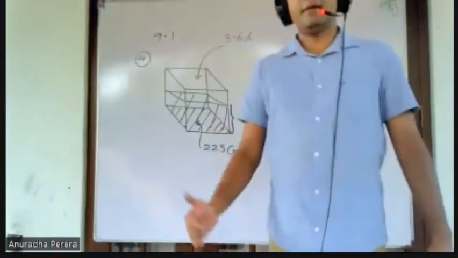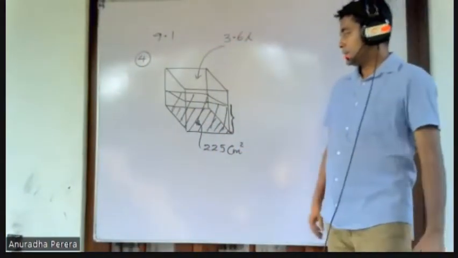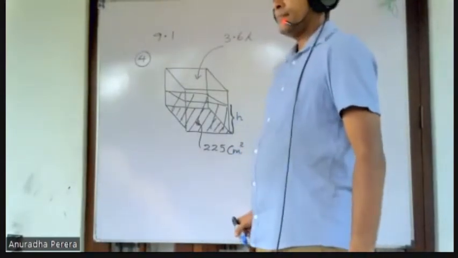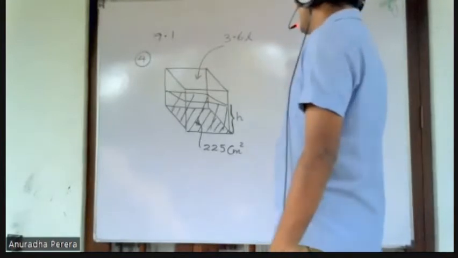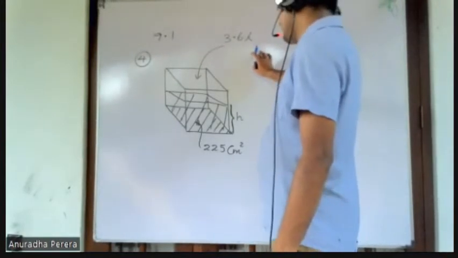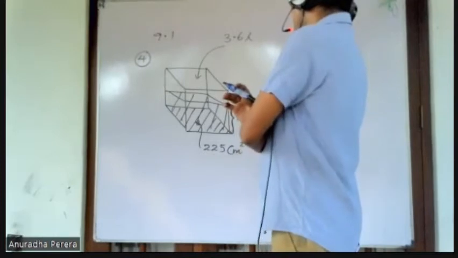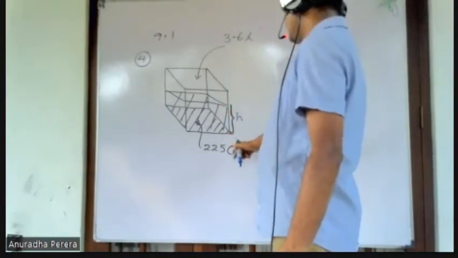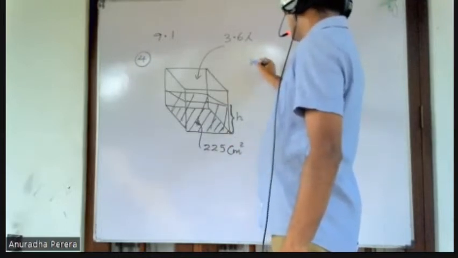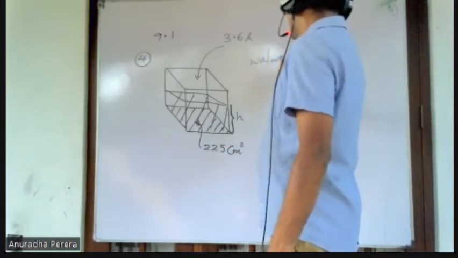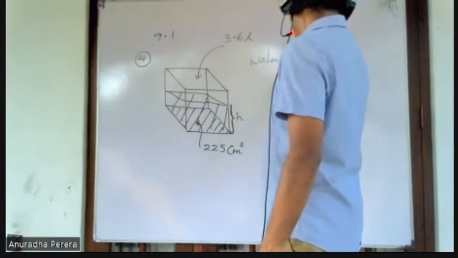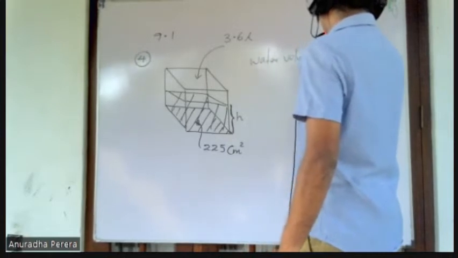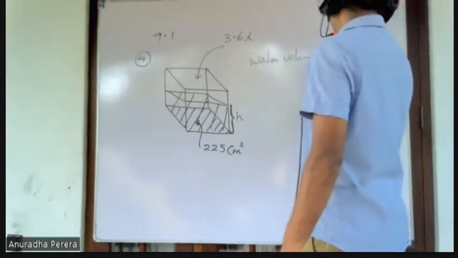If we take this height as H, the filled amount can be represented in milliliters. The water volume is the area into H, 225 into H, right?